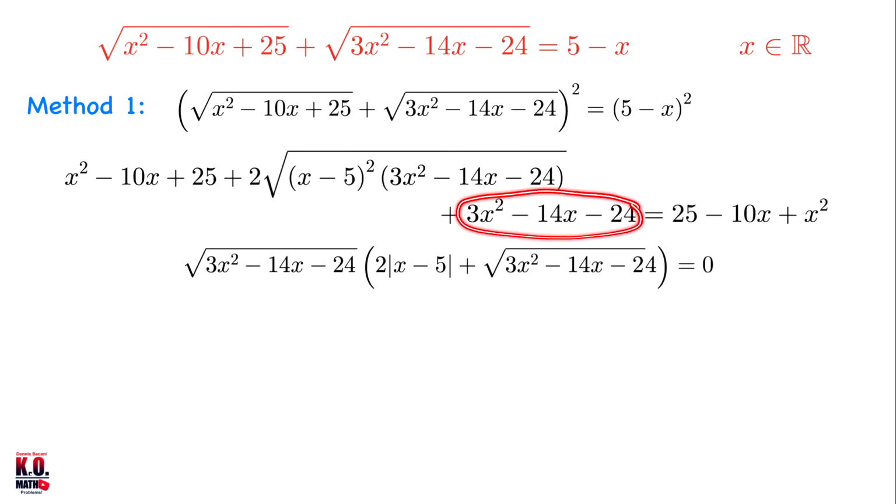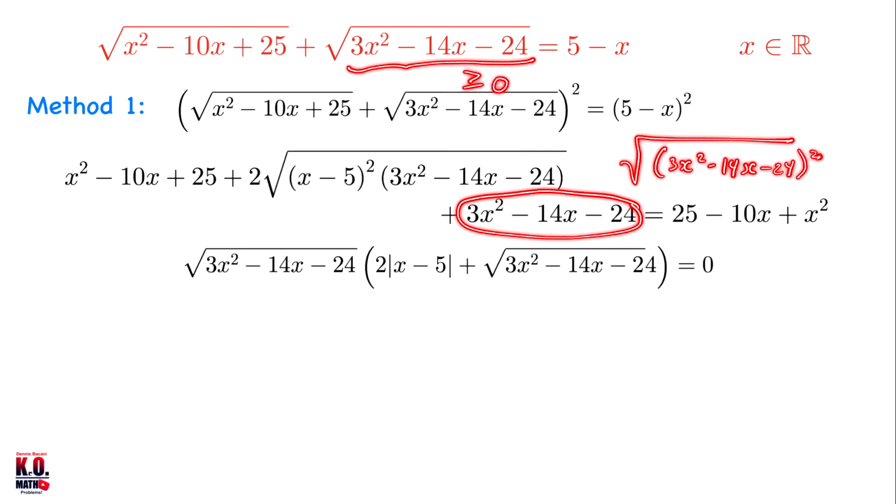So treat this one as a square root of 3x squared minus 14x and then minus 24 quantity squared. And because we're looking for real solutions, then we may assume that this radicand here is greater than or equal to 0. So the square root of this quantity squared is just equal to 3x squared minus 14x minus 24.